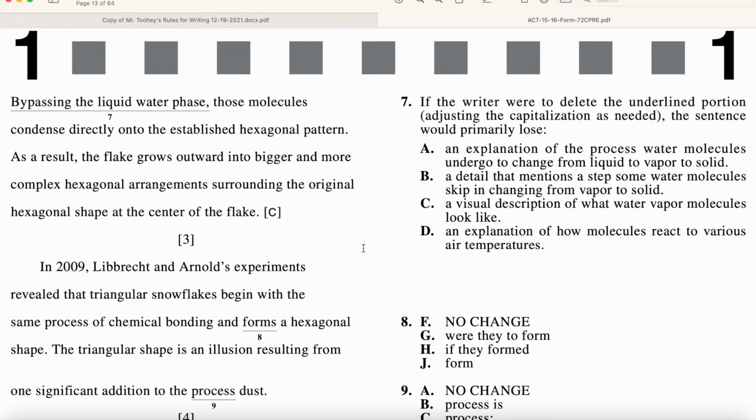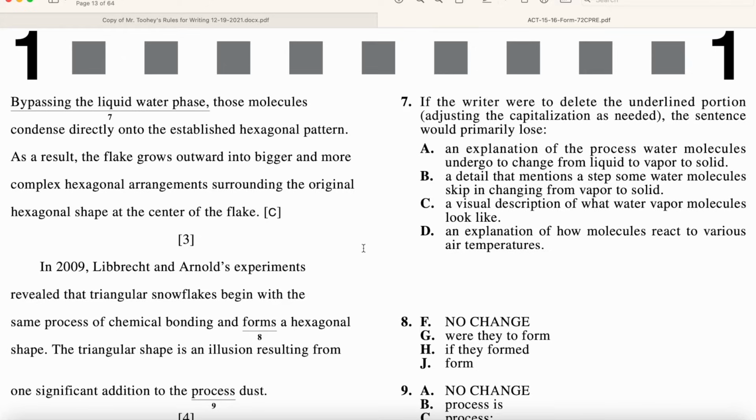Let's test these answer choices. Go ahead and read answer choice A. "An explanation of the process water molecules undergo to change from liquid to vapor to solid." If we got rid of that underlined portion, would the sentence lose that explanation?